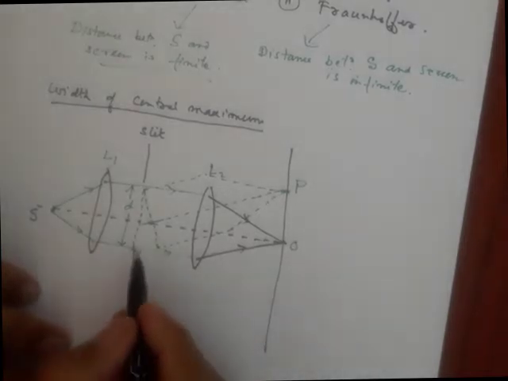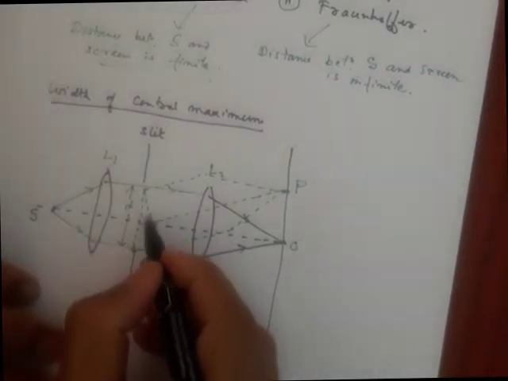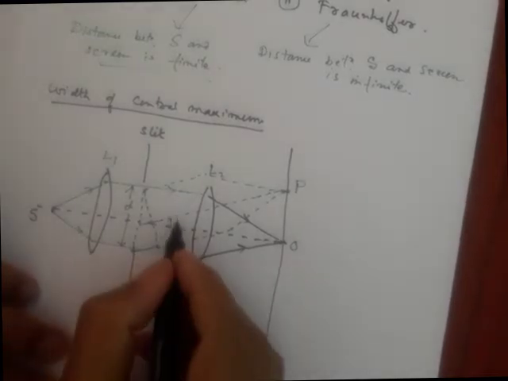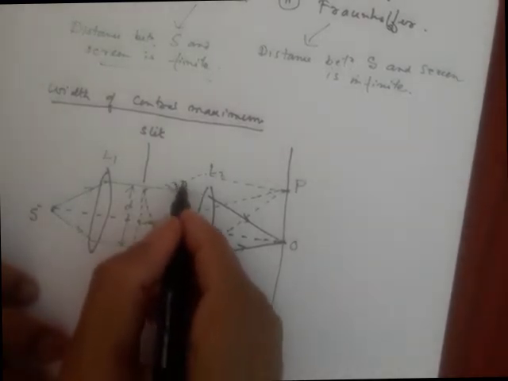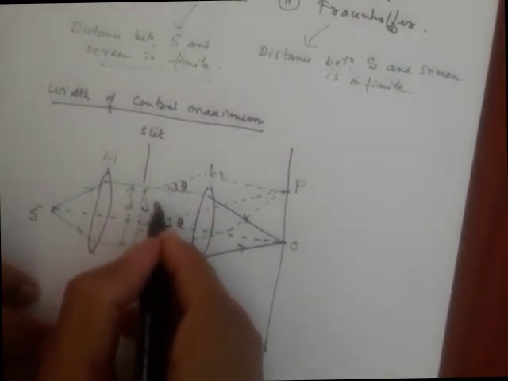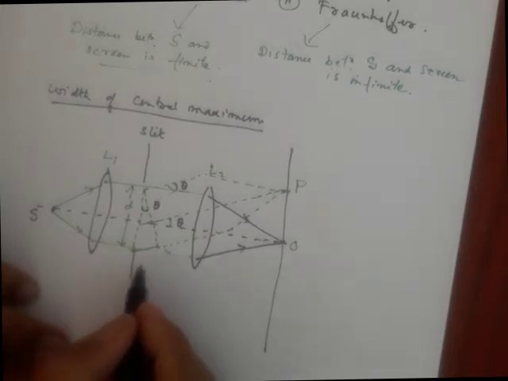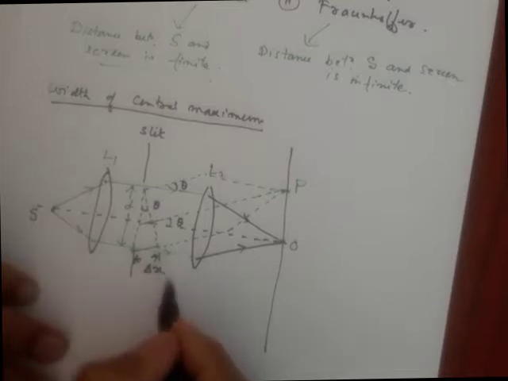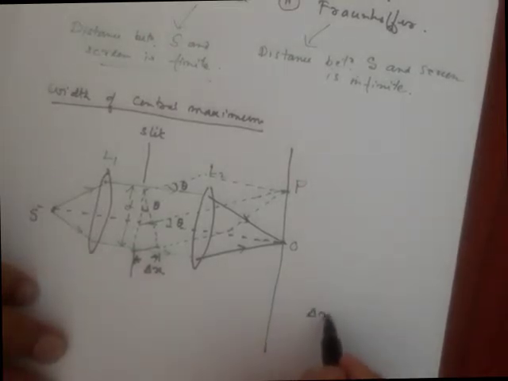Then here we have a small triangle, and this angle displacement will be theta. So this is theta, this is also theta. Similarly, this angle should be theta here. And this short distance is what we call the path difference. This is delta x. So delta x represents the path difference here.